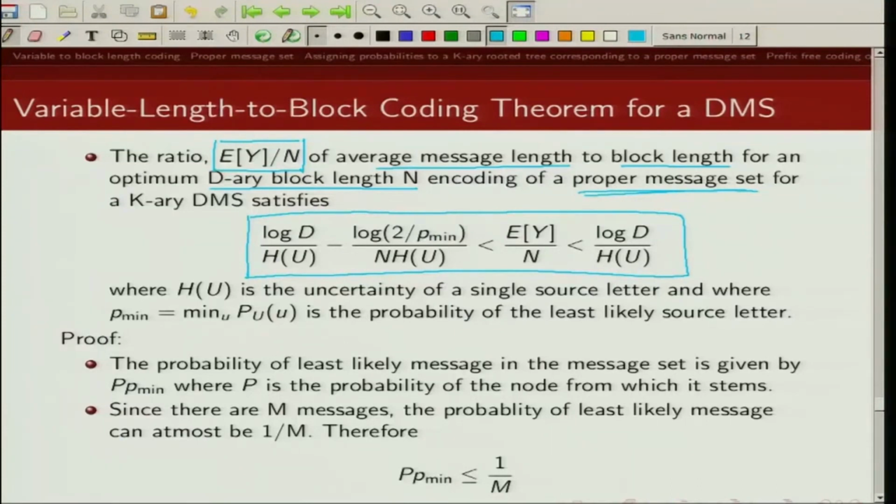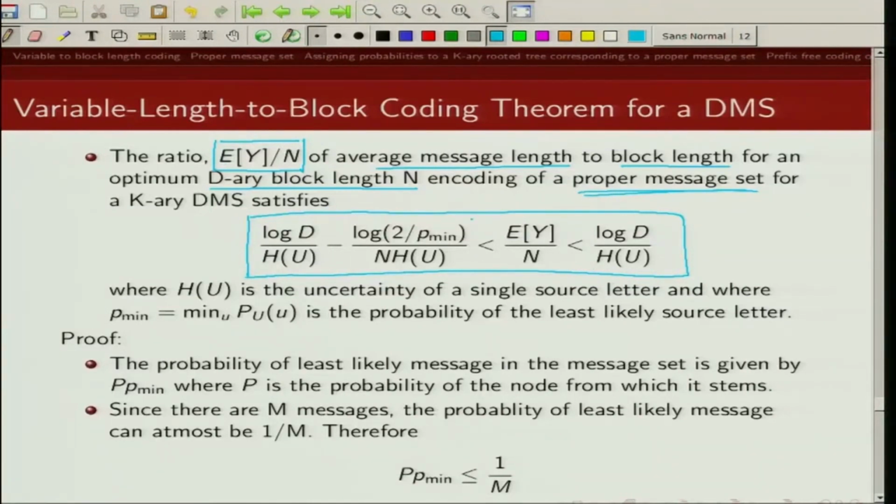Remember, we want this ratio n by expected value of y to be as large as possible. So I am giving you bounds on expected value of y given n for a proper message set.